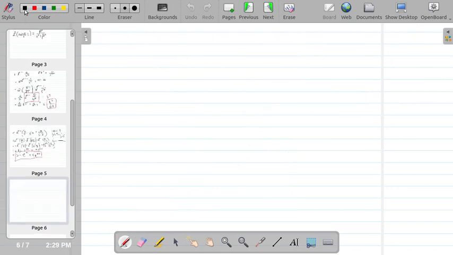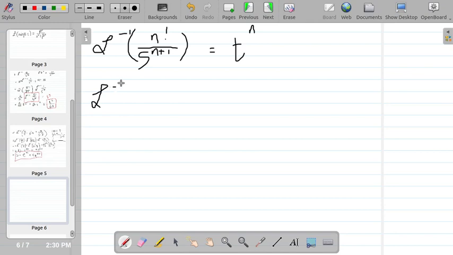So we can conclude that the inverse transform of n factorial over s raised to the power of n plus 1 is just equal to t raised to the power of n, and the inverse transform of c over s is just equal to c.